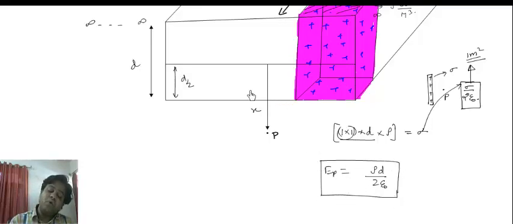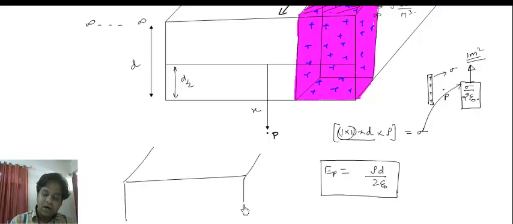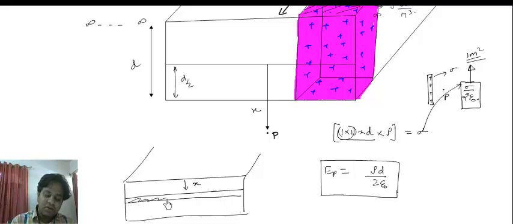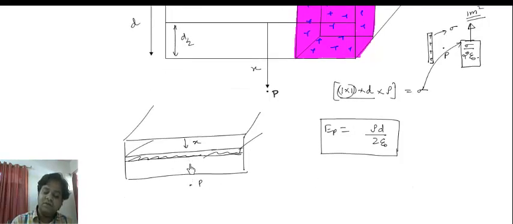Otherwise, I could have also found the same electric field using integration. For the purpose of integration, I would have used this slab and created thin strips or thin slabs like this, and found the electric field at this point P due to each of these thin slabs, and then integrated the result.